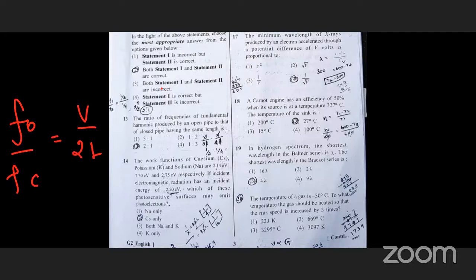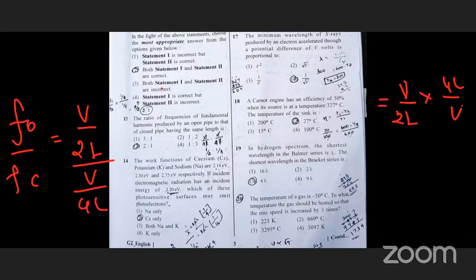We have the formula: the frequency of open pipe to the frequency of closed pipe is equal to V by 2L divided by V by 4L, which is equal to V by 2L into 4L by V. So this gets cancelled. So 4 by 2, which is equal to 2 by 1. So the ratio is 2:1.